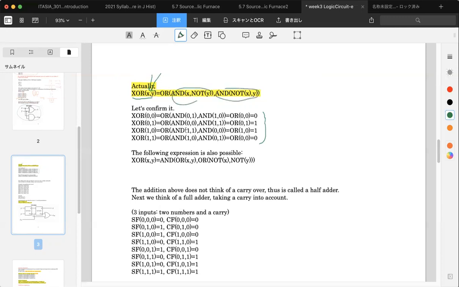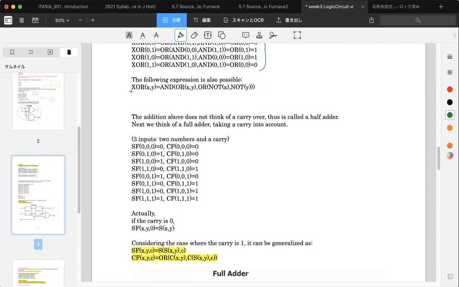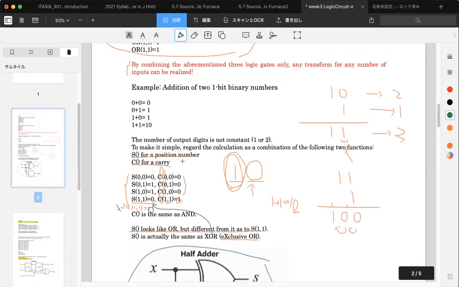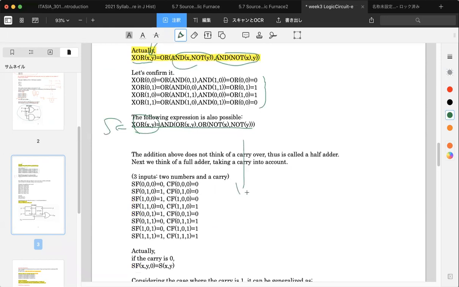Yeah, that's how it works. So this thing is S. Oh, sorry, it is S, right? Yeah, because it's XOR, so it's S. And so we can just carry on.